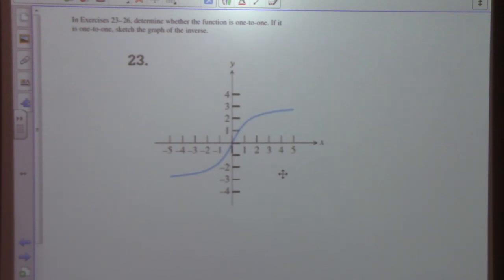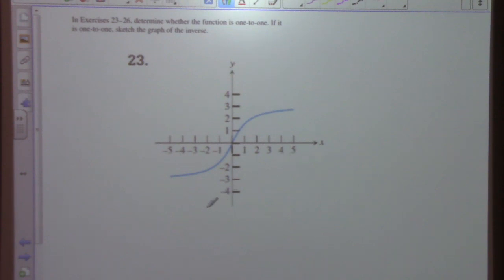I don't remember if I talked about this. It's the origin. What'd you say? It's the origin? Well, not necessarily. You can be 1-to-1 without hitting the origin, but that's a really good guess. Okay, what you can tell is you're trying to find whether the inverse of a function is a function.